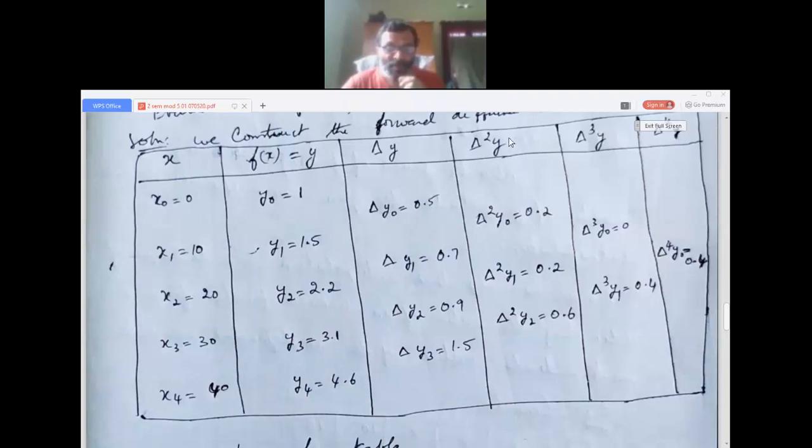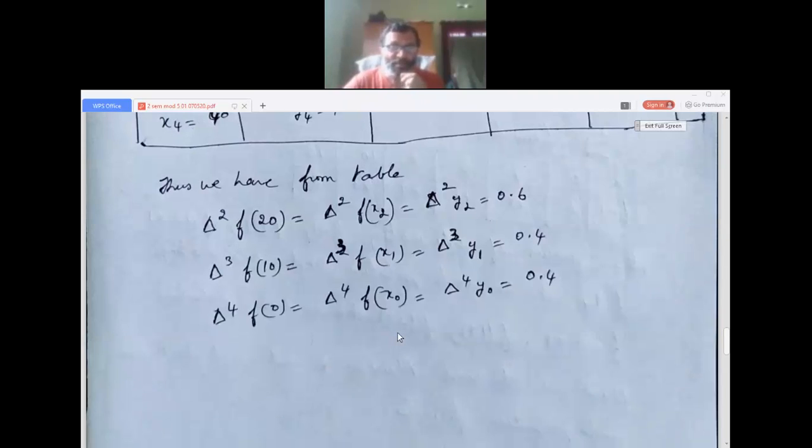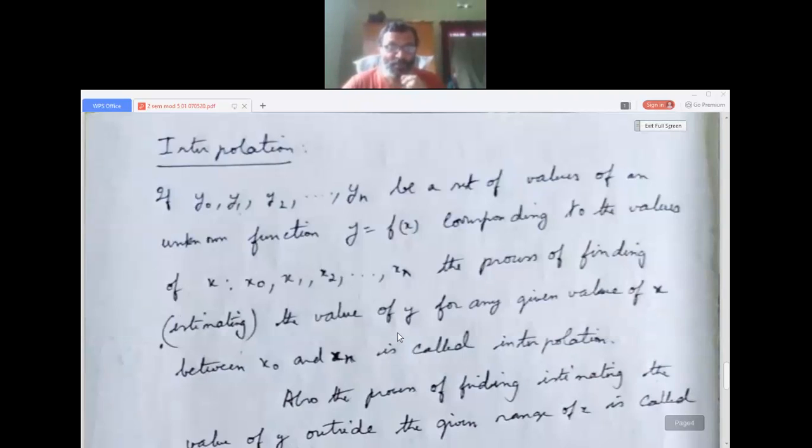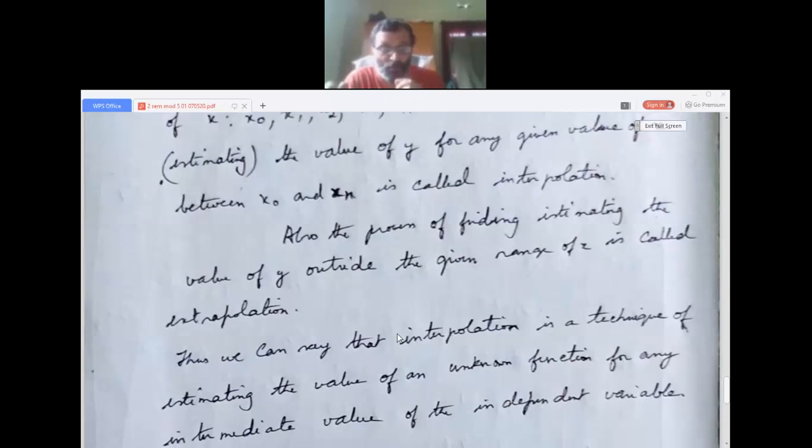Now, interpolation. Then we studied the concept of interpolation. Interpolation means the technique of estimating the value of an unknown function for any intermediate value of the independent variable, that is the x value. And you have seen that estimating outside is extrapolation. The table is given with x values 0, 4, 5, 8, 10, 15 and y equal to f of x values 6, 15, 17, 29, 48, 7.